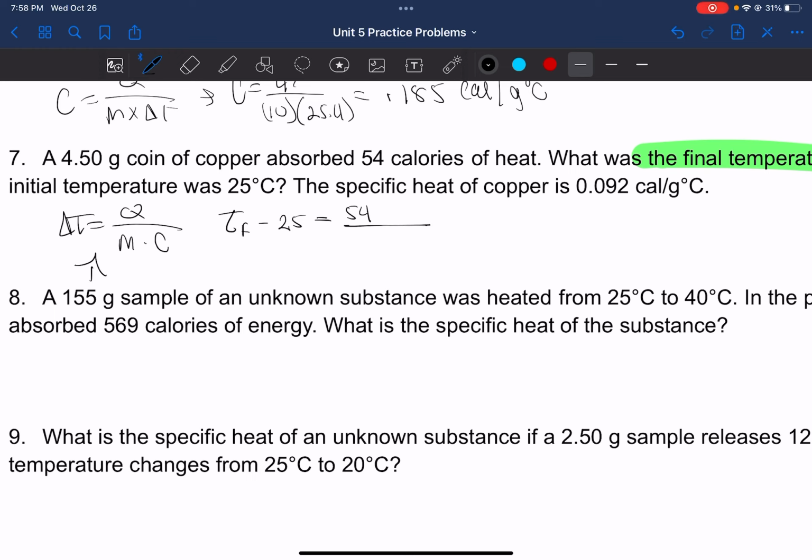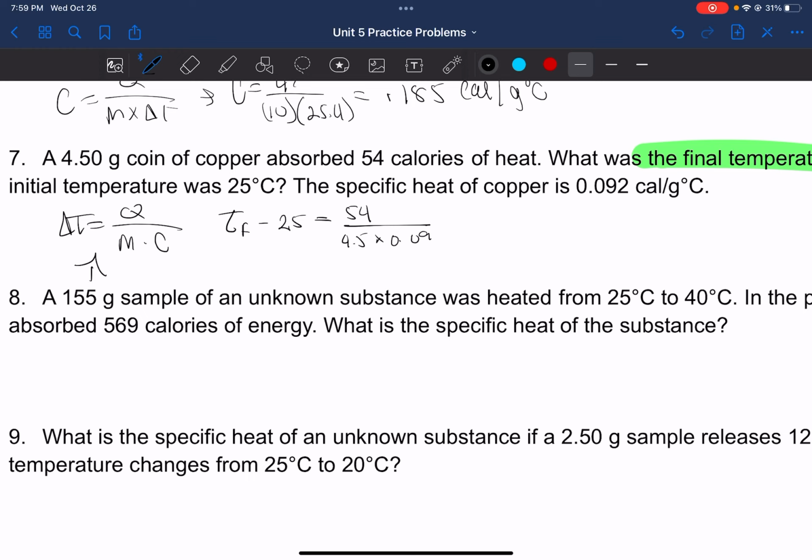over mass, which is 4.5, times 0.0. Oh, I messed up a little in there. You get what I'm trying to do here, though.